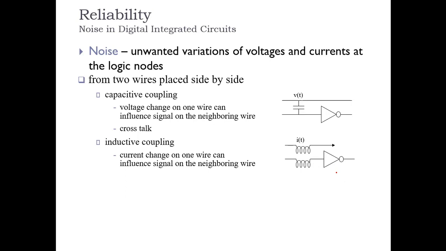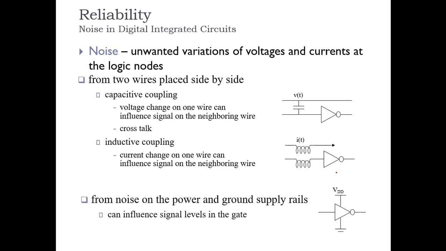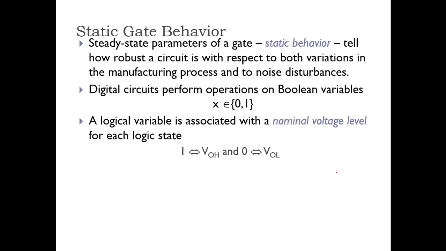So noise is an unwanted variation of voltage or current at the logic nodes, and I told you that we have two main sources: capacitive and inductive coupling, and power supply noise. Okay, so this is just the explanation of what I have said before.